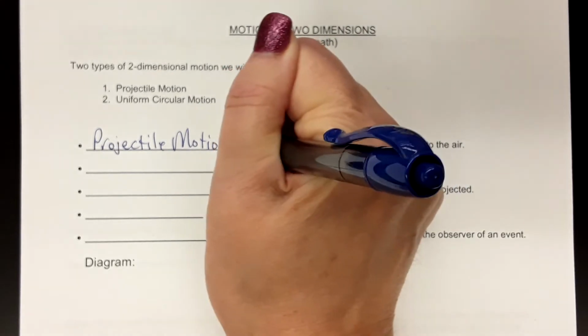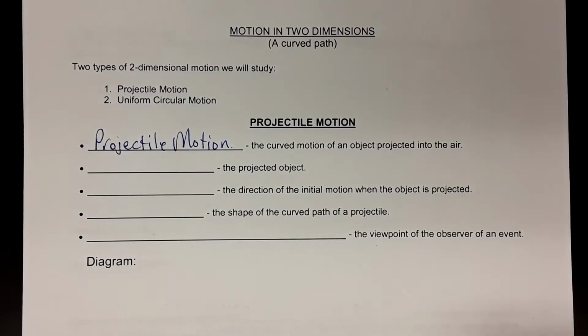Now, how can we project objects? Well, we can toss them. We can launch them. They can roll off of an object like a ball rolling off a table. There are many ways to project an object. A golf ball is projected when hit with the club traveling down the fairway.